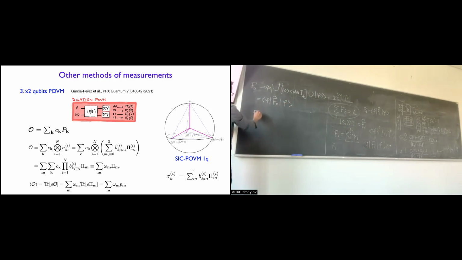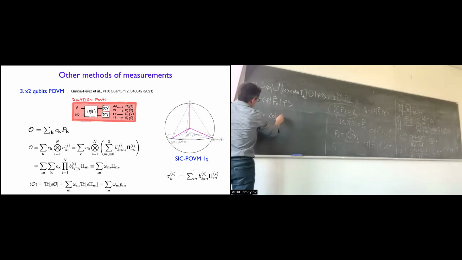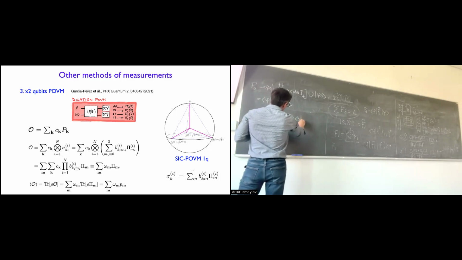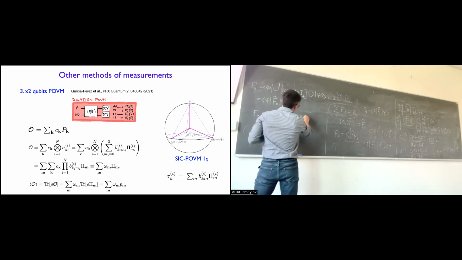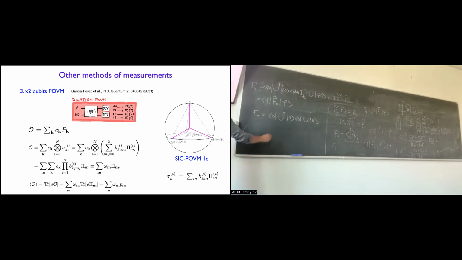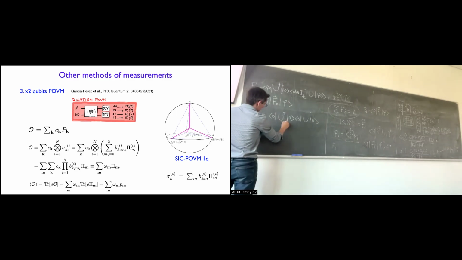So then F0 will be 0 unitary, then this, right? But one needs to understand that this lives in the bigger space, right?